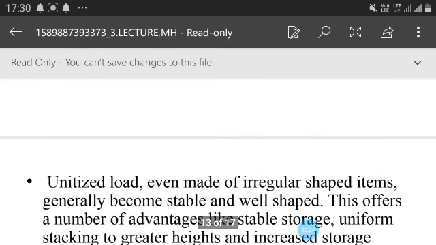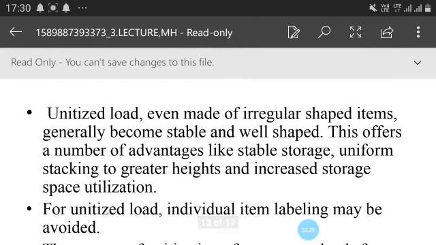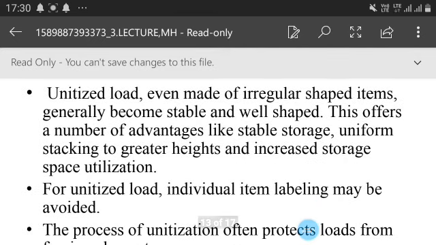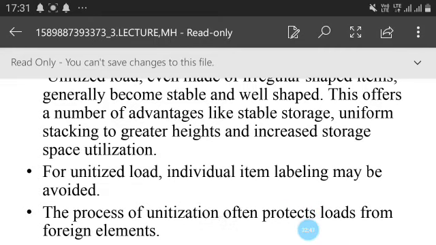Another thing, a unitized load, even when made of irregularly shaped items, generally becomes stable and well shaped. This offers a number of advantages like stable storage, uniform stacking to greater height, and increased storage space utilization. For unitized loads, individual item labeling may be avoided.